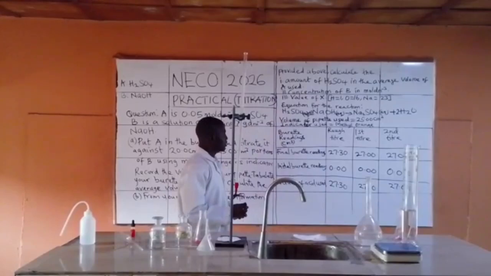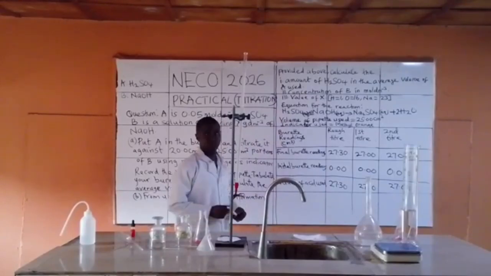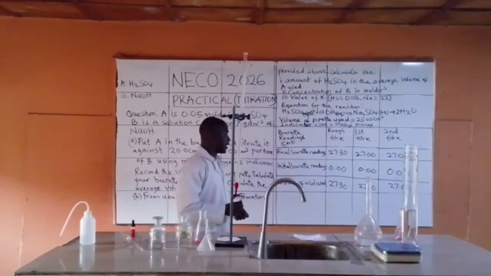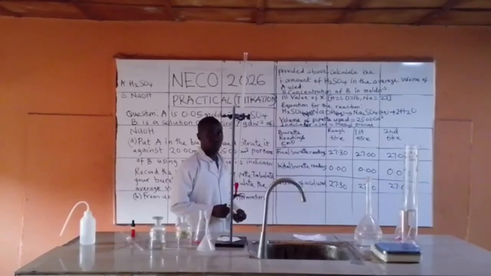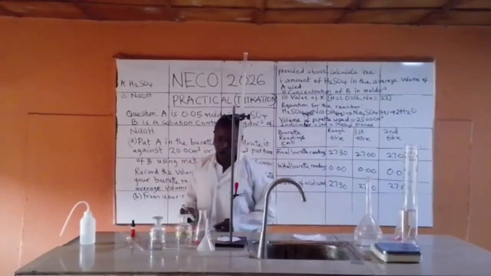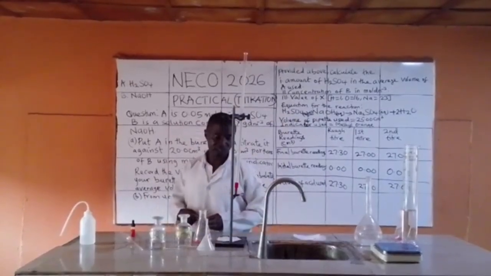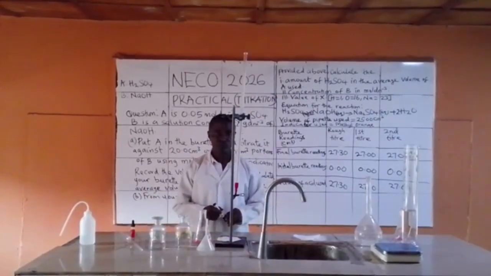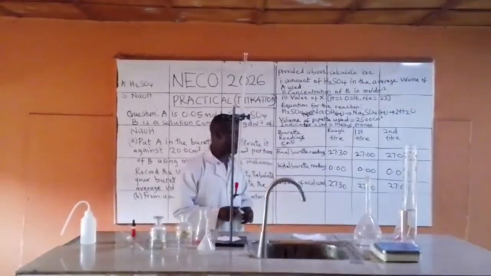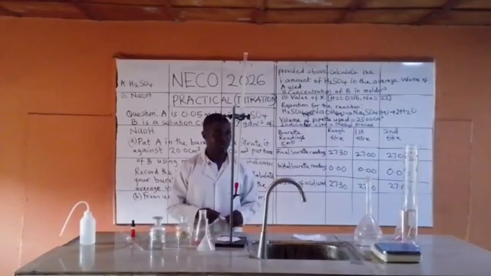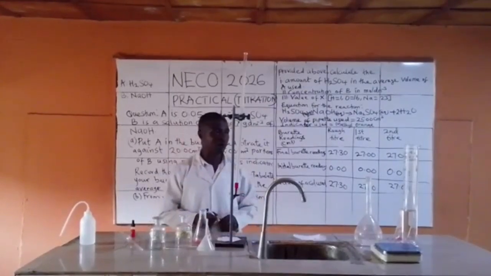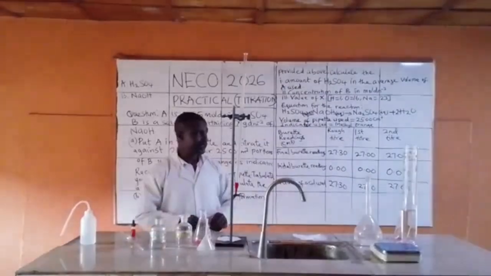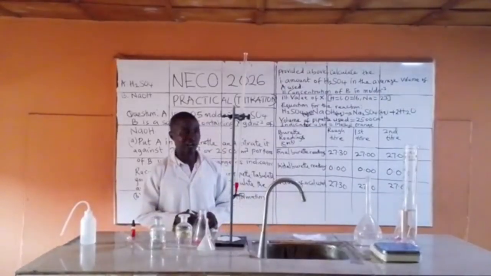With this, we can now calculate the average volume of acid used. And the formula for calculating the average volume of acid used is T1 plus T2 divided by 2.